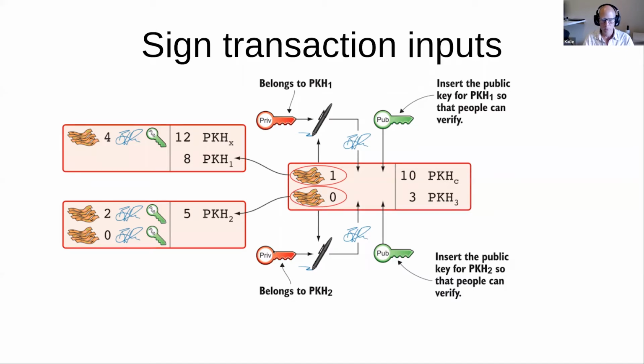He uses the private key that belongs to public key hash 2 here, and signs the transaction with that private key to create a signature. And then he inserts the signatures and the corresponding public keys into these inputs here.